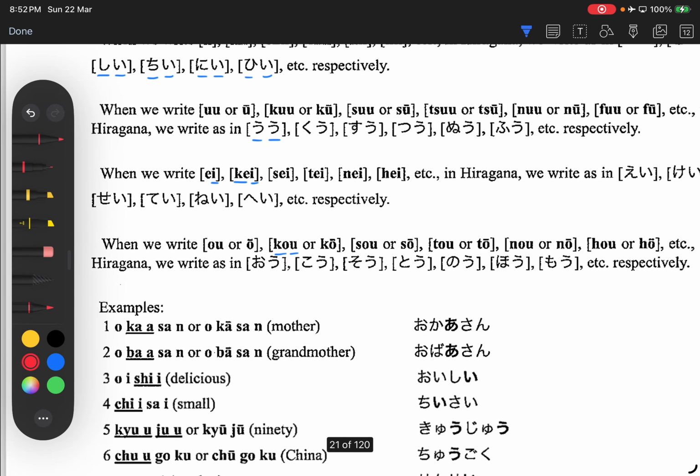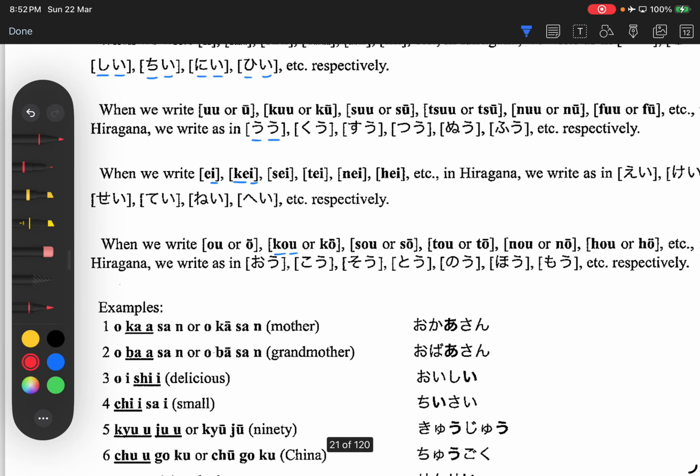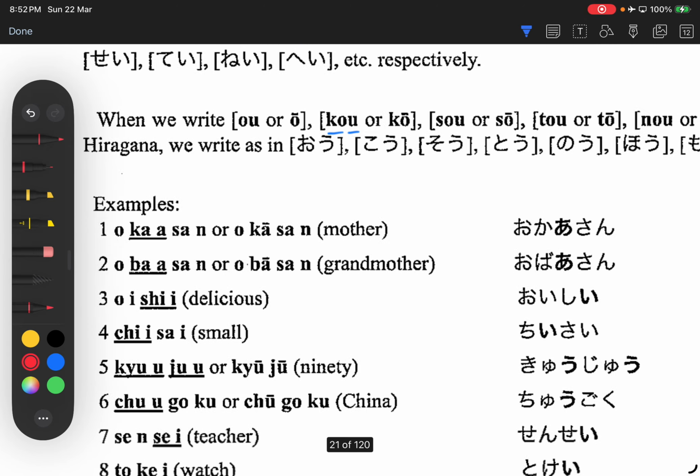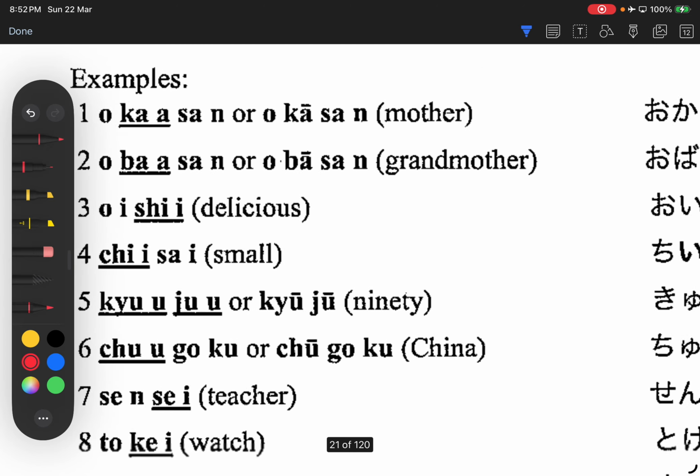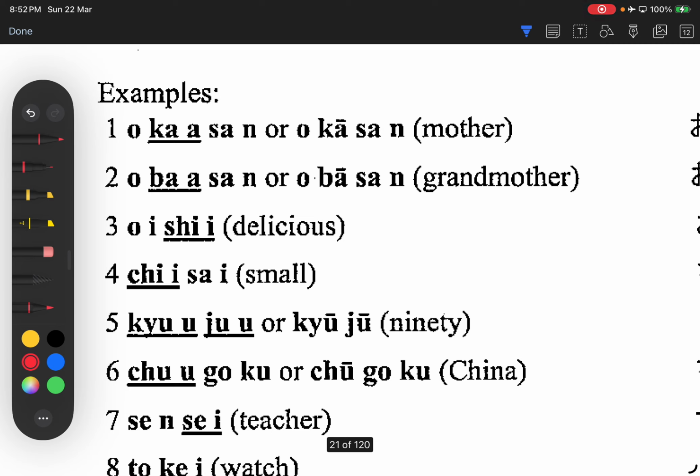Right? So when you pronounce long vowels, you have to be careful as well, because if there's a long-sound version and a non-long-sound version, the definition of the word might change. Just to give you an example, let's look at number 1 first. Okasan. It's a long A, double A sound. Okasan, right? Next we have Obasan.